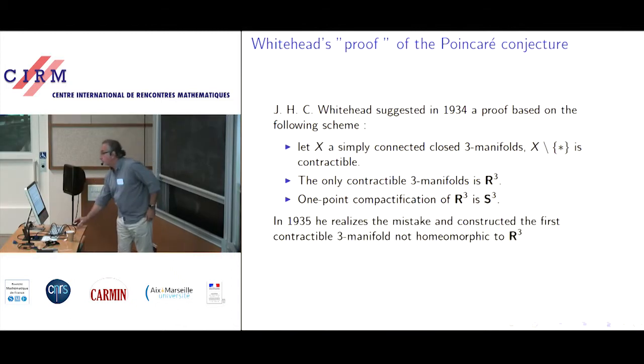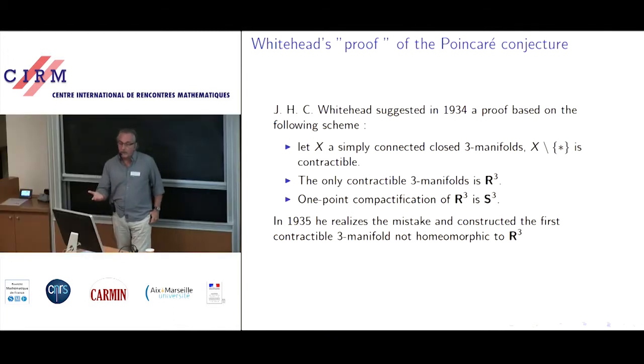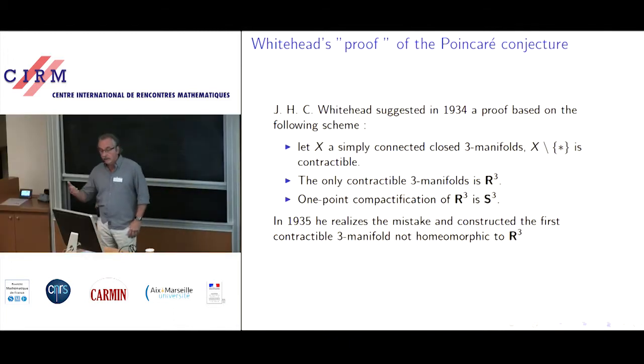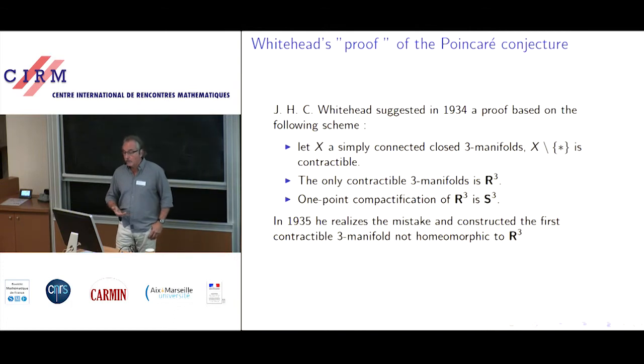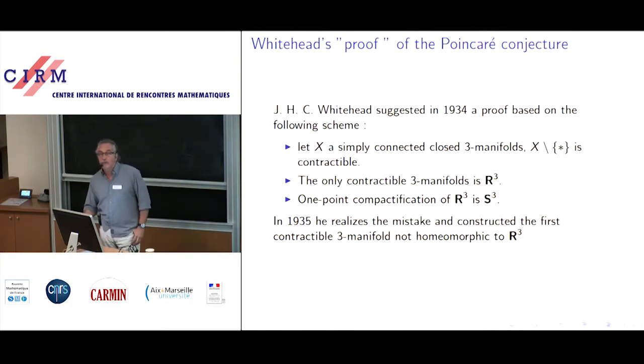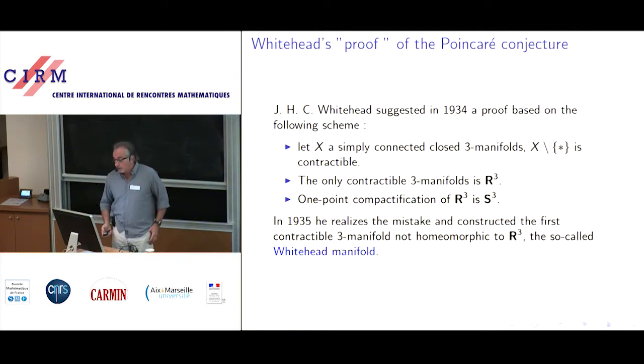But Whitehead was really a smart mathematician, and one year later he realized that he made a mistake, and he wrote an erratum, and he gave a construction of the very first example of a free manifold which is contractible and not homeomorphic to R3, and which is now called the Whitehead manifold. So I'll give a quick description of this manifold, and then we'll talk about Riemannian geometry.